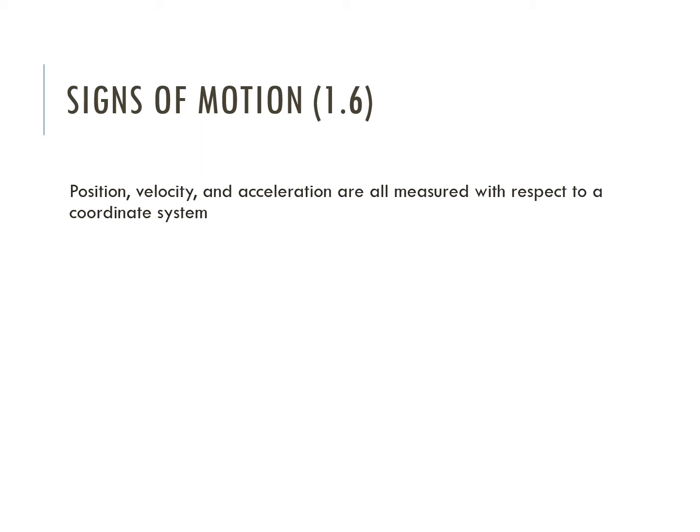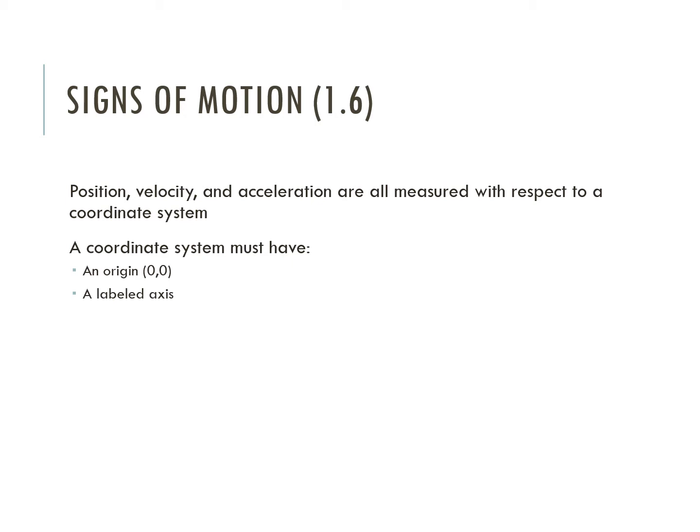So the goal is to make it as simple as possible, but we need to always make sure we are identifying the coordinate system we are using. In order to have a coordinate system, we need two things. We need an origin and we need some labeled axes.